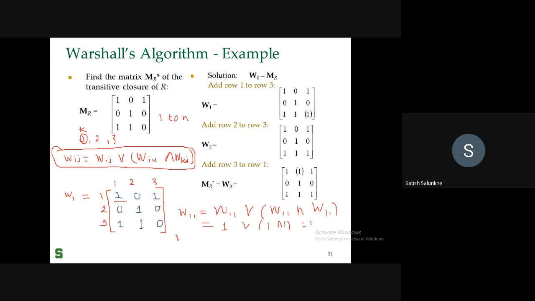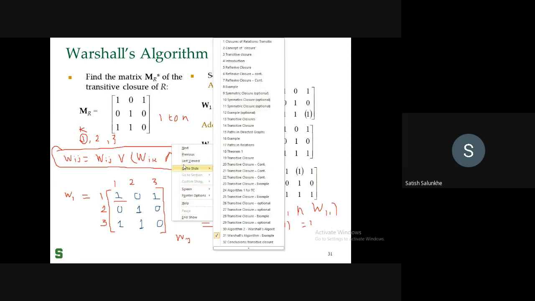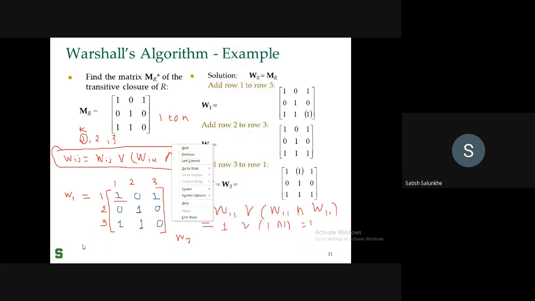Similarly, if you go for W21, see, you are just updating your 1 2, not 2 1. You are just now taking the next column, that is W12.